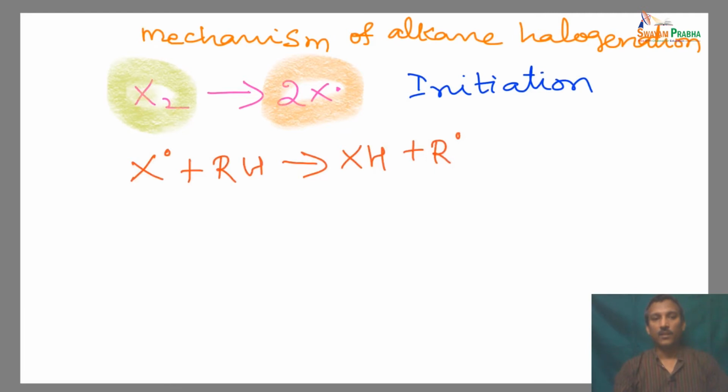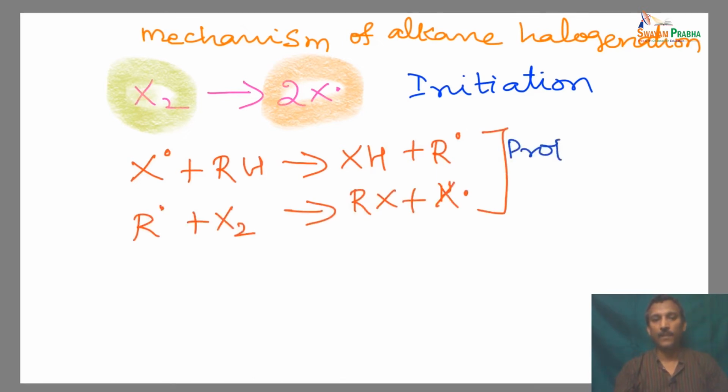The X dot reacts with the alkane to produce HX and R dot. This is one of the steps. In the next step, this R dot reacts with the X2, that is the halogen, to produce RX and X dot. This is a propagation reaction.